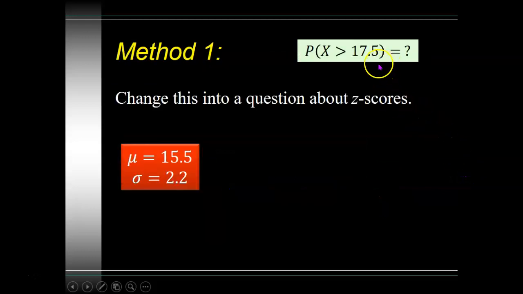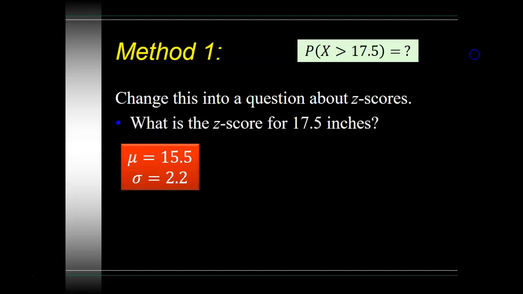So how do we find this? Well, there's two methods, or two ways of approaching this. One way is to change this into a question about z-scores. What is the z-score for 17.5 inches? Now remember, we first learned about z-scores and how to calculate them back in chapter 3.